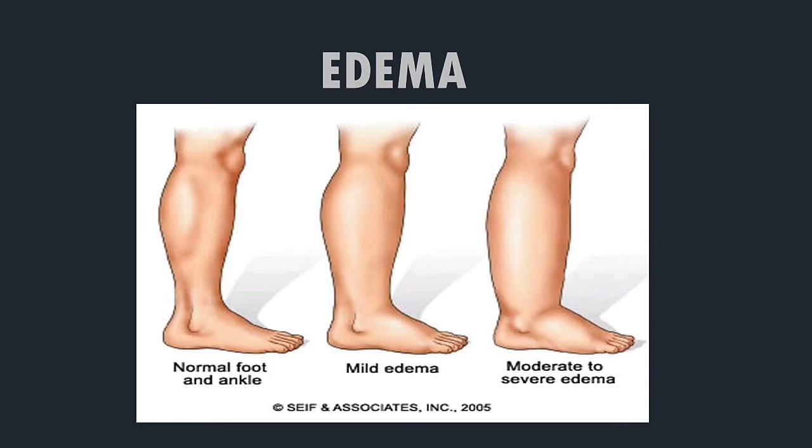So why does edema happen? Edema happens when your small blood vessels leak fluid into nearby tissues. Edema can also be caused by a variety of medical conditions such as low albumin, allergic reactions, obstruction in blood flow, liver diseases, kidney diseases, and also during pregnancy and the like.